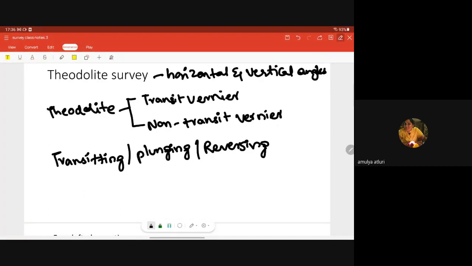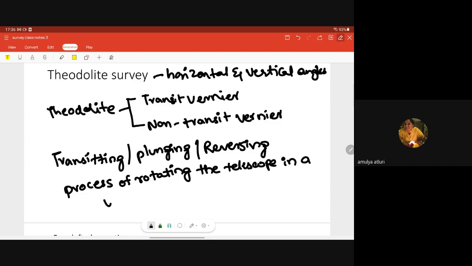It is nothing but the process of rotating the telescope in a vertical plane about the horizontal axis. That is called transiting of the theodolite or reversing of the theodolite.